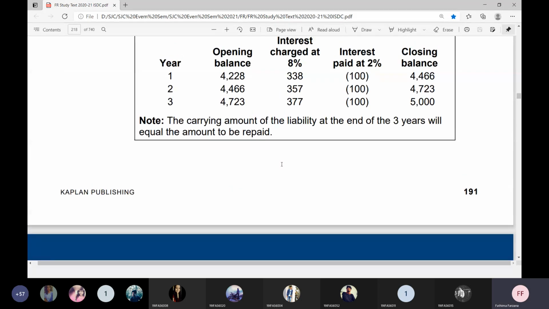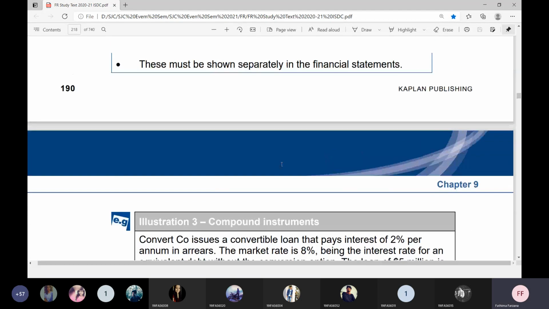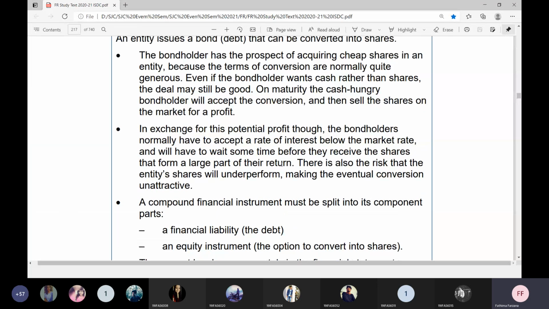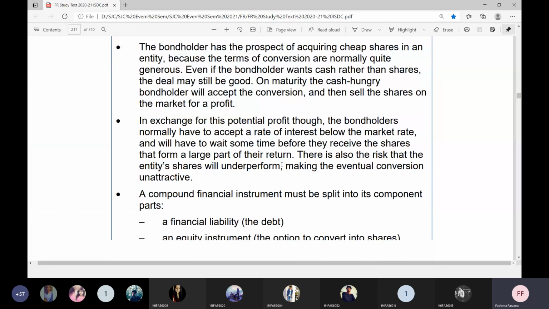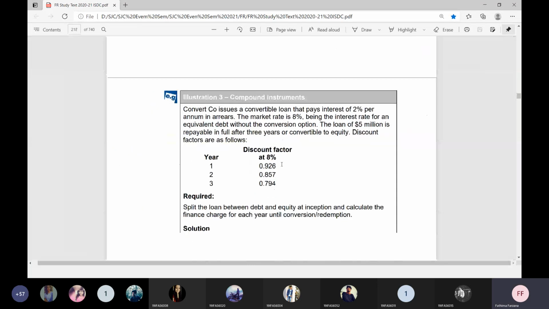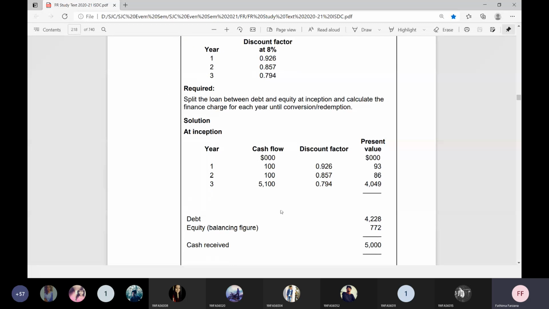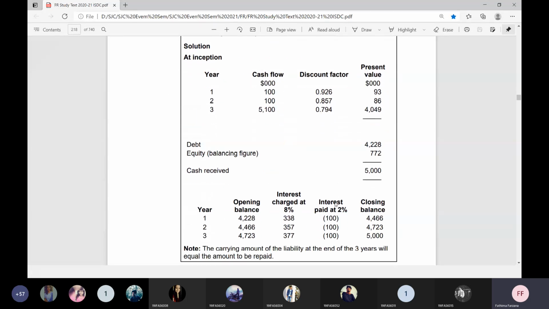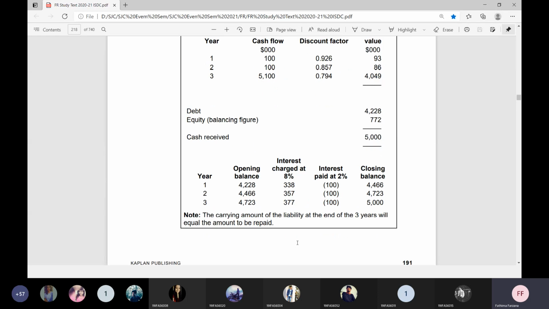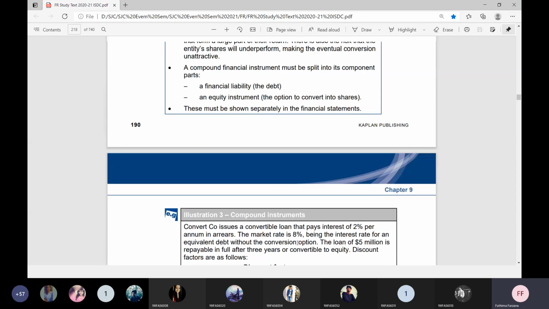I know this problem is in 191. I'm just looking for the theory where it will tell anything about it. See here, this problem only we did right now, right? Cash flow is given, discount factor is given, and this is the amount we got. Your question is what? Which is the finance cost? Whether interest or this, how can you get it from the question? It is not explained here. That's the reason I'm reading some theory here.